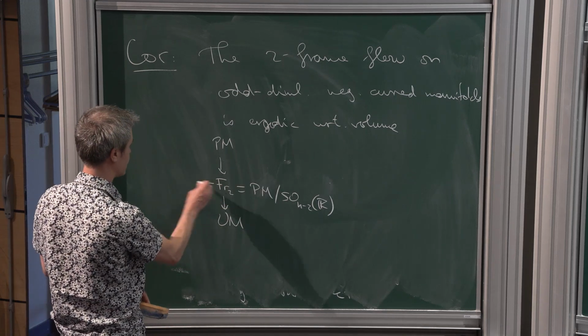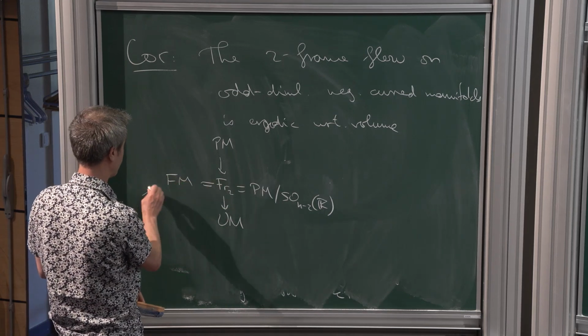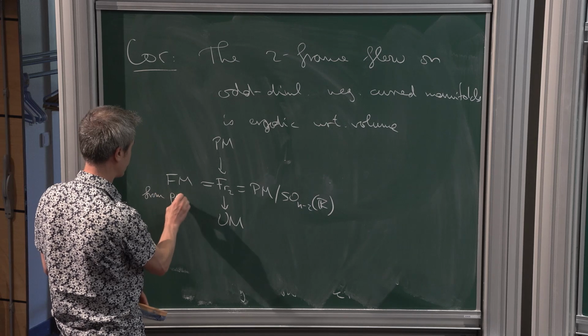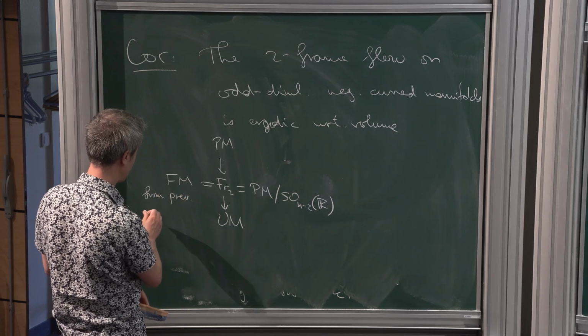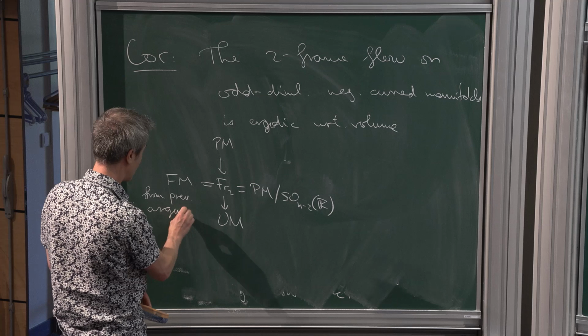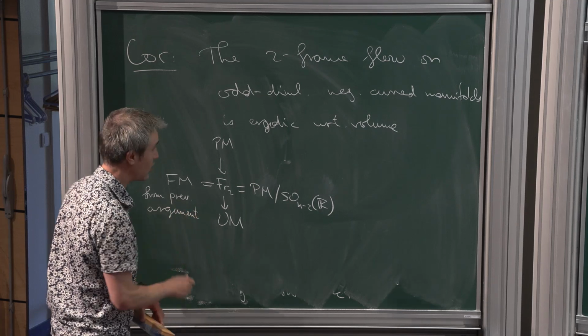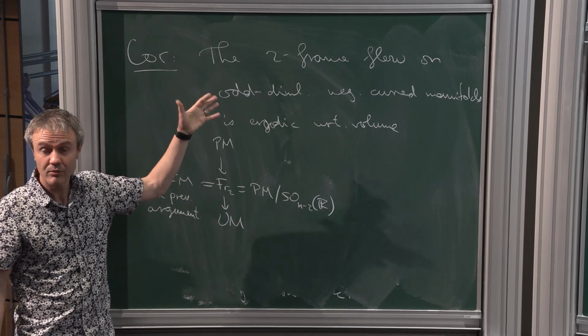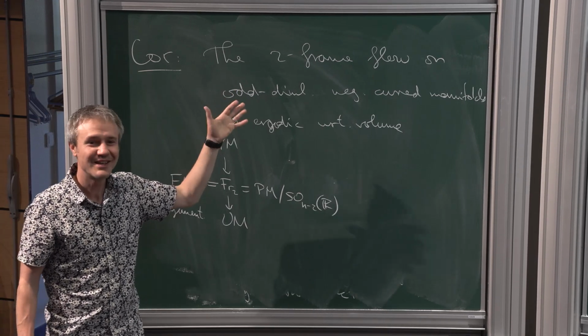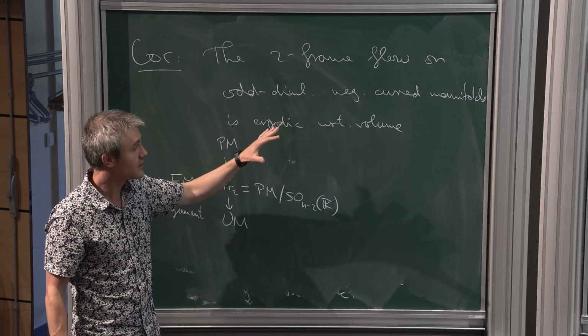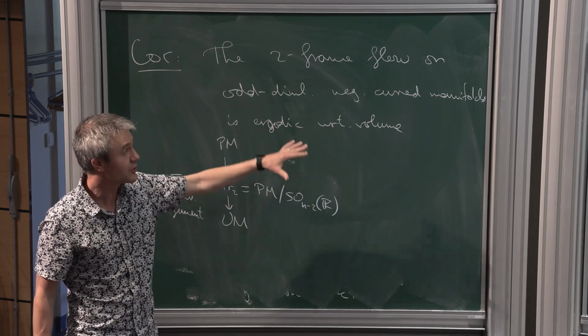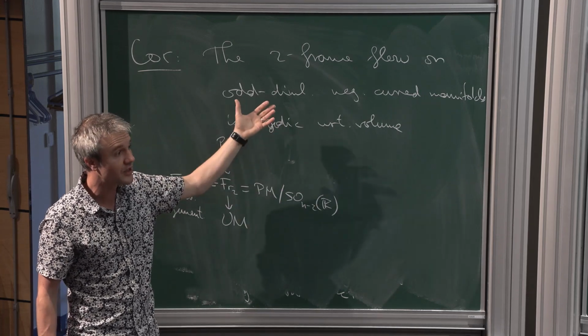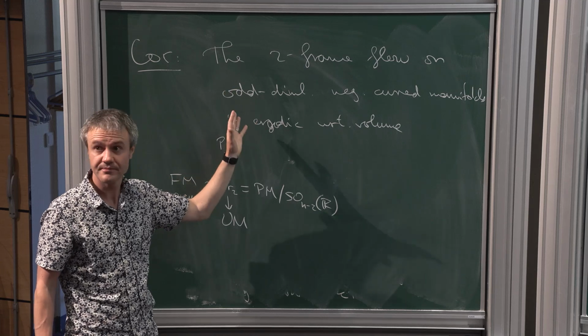This is the same as Fm from the previous argument. So at least in the odd-dimensional case, I've essentially given you a complete proof, modulo various translations, that that set had to be everything.